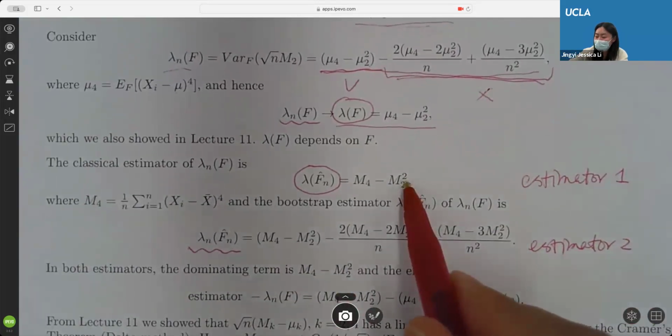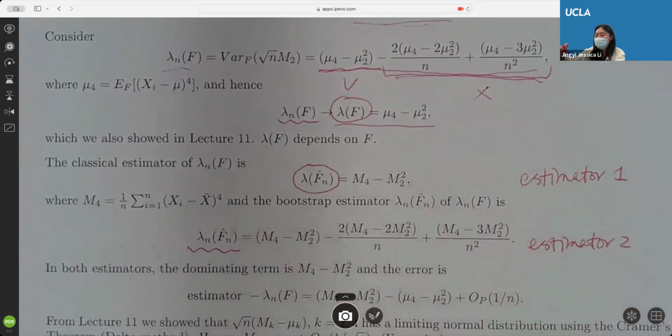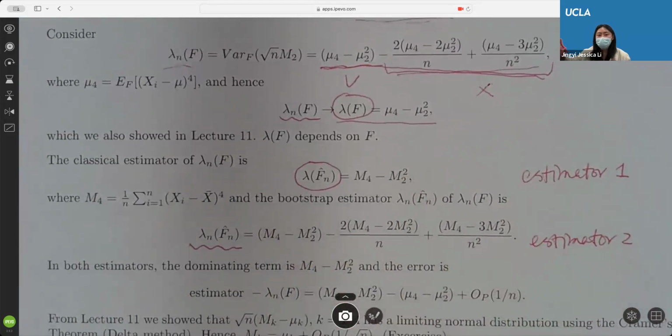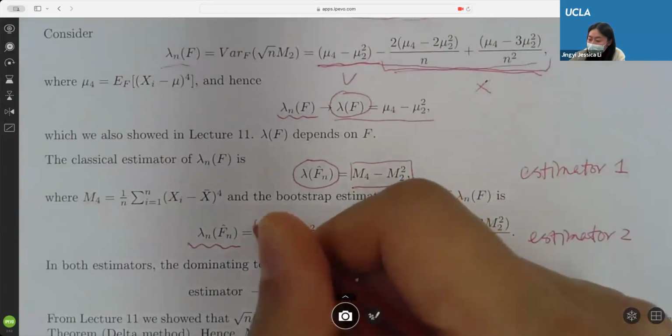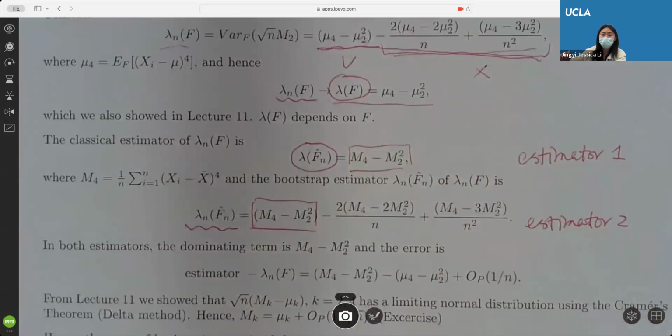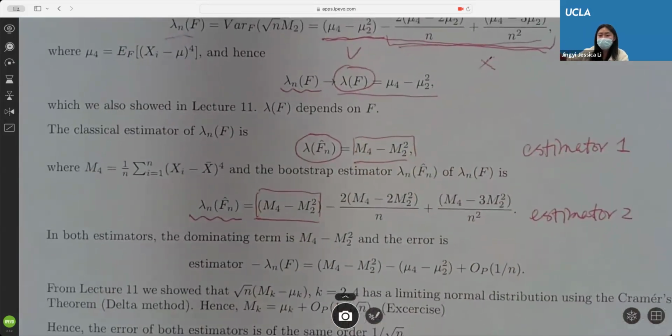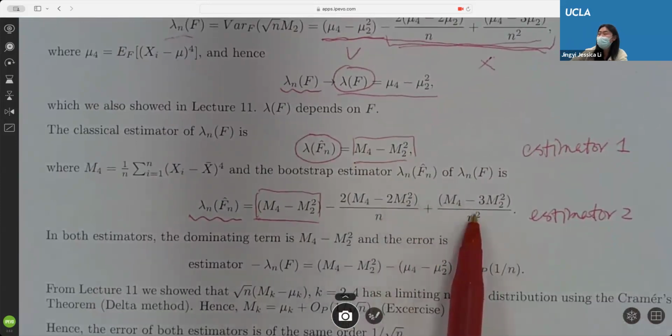And this one only keeps the first term of this one. But in both estimators, the dominating term is the same. Okay, it's this one. You have the same dominating term. But their difference is in this term. Okay.